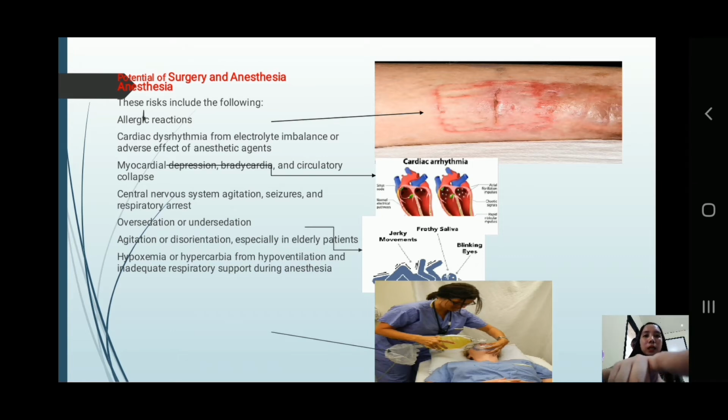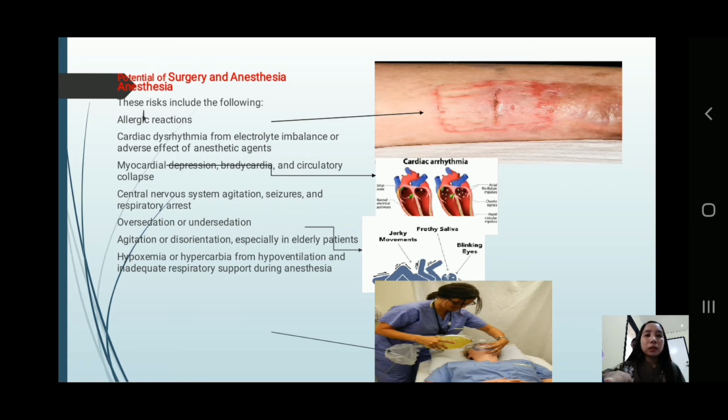The next is the central nervous system: agitation, seizures, and respiratory arrest, as you can see in the third picture on the screen.